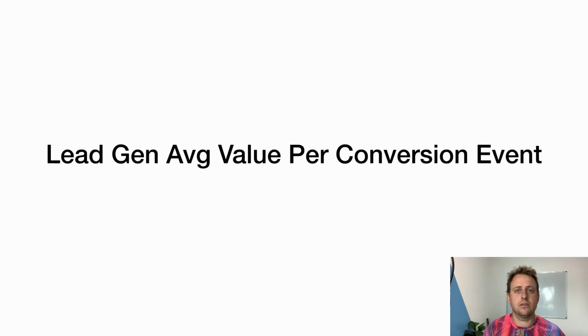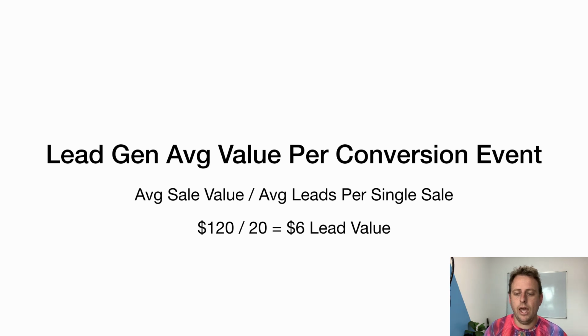So, phone calling your business. If you've got a service business, that's quite a common conversion event. To work out the value of each lead to our business, we look at the average sale for whatever we want to end up selling them, and we divide that by the average number of leads it takes us to get a sale.